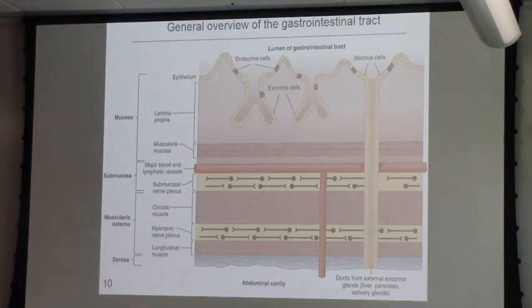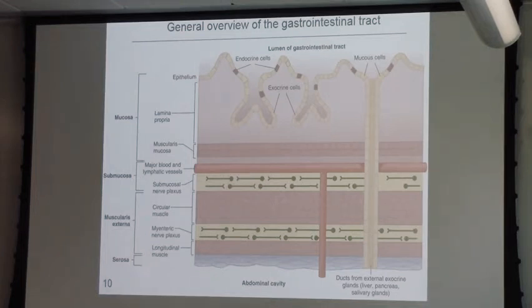Now, the layered structure here is a layer of epithelial cells, sort of like the cells of the renal tubule, but they're different. It's an epithelially lined set of organs, with epithelium that are good for absorbing things. And we also have endocrine cells that are going to secrete hormone.